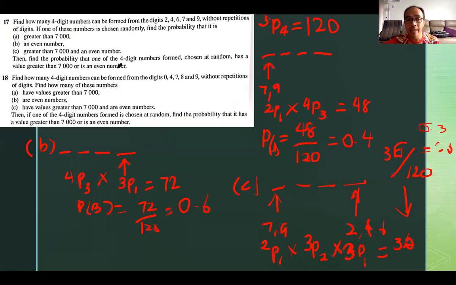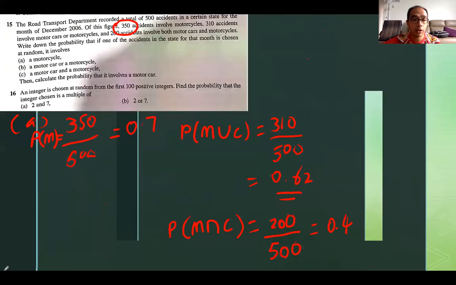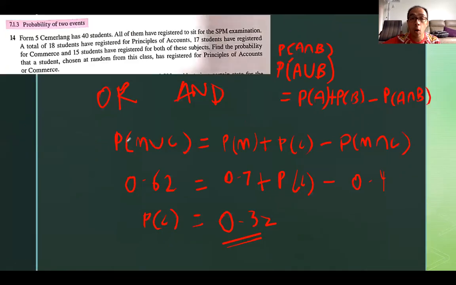So this is again where we use the formula that we did just now. So we have greater than 7,000 or even number. So we add the two together separately minus the intersection.